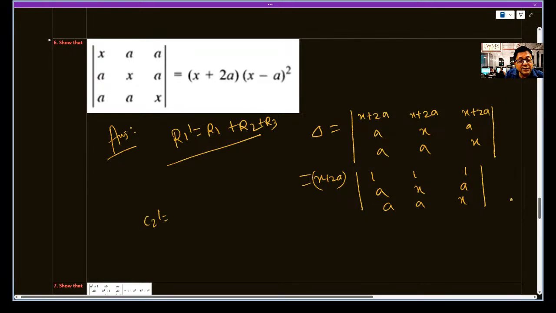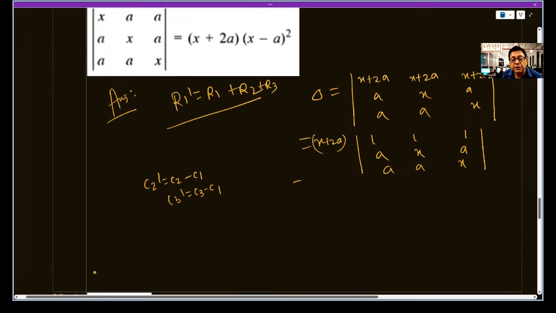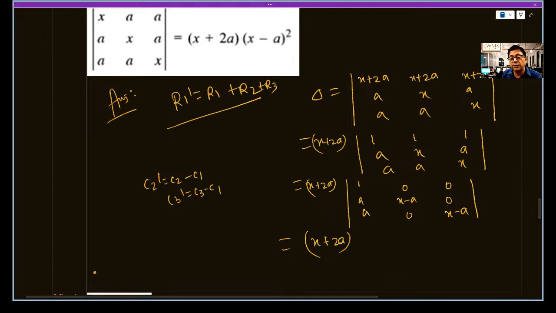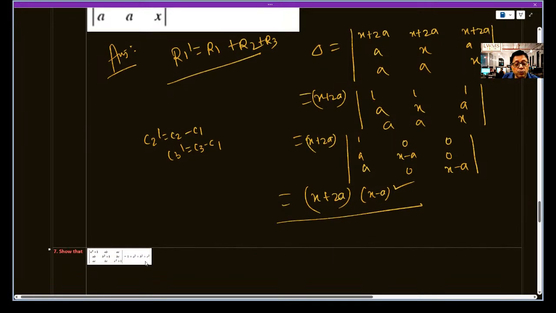So write C2 dash, C2 minus C1, C3 minus C1. Just apply it. This is going to be X plus 2A, 1, A, A; 0, x minus a, 0; 0, 0. Now you expand. X plus 2a, 1 into this thing, because the rest are 0. Understood, done, clear.